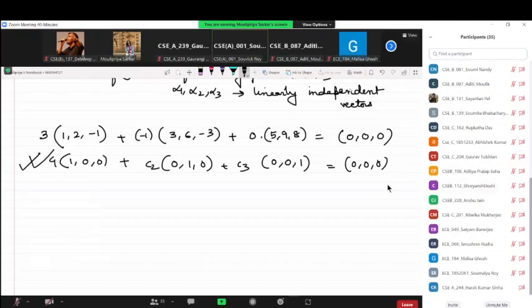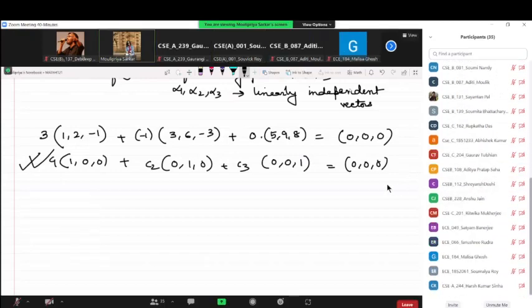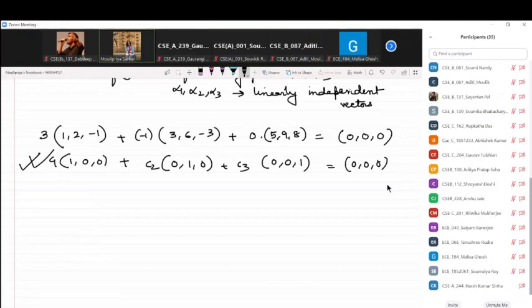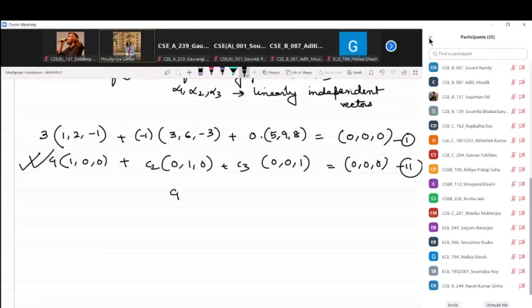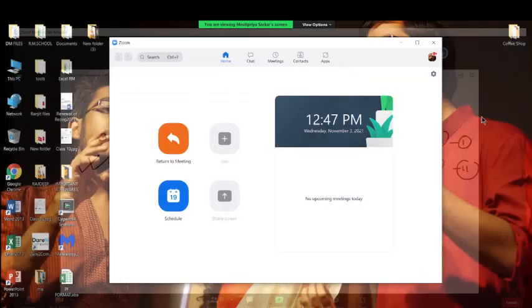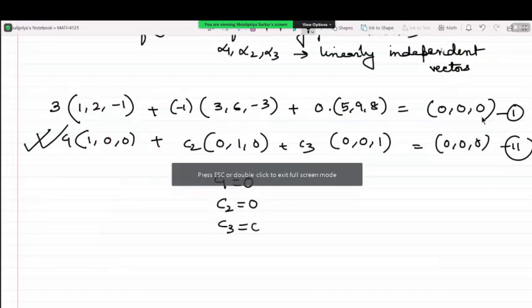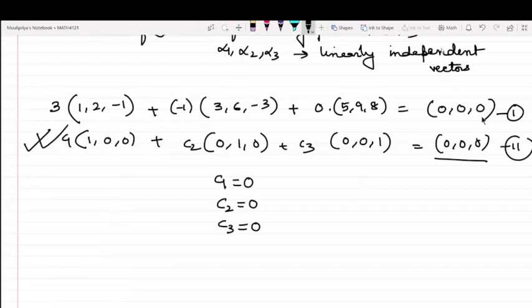What I'm trying to say is, if I call this one equation 1 and this equation 2, do you agree that for equation number 2, C1 has to be equal to 0, C2 has to be equal to 0, and C3 has to be equal to 0, so that the right hand side is the corresponding null vector?